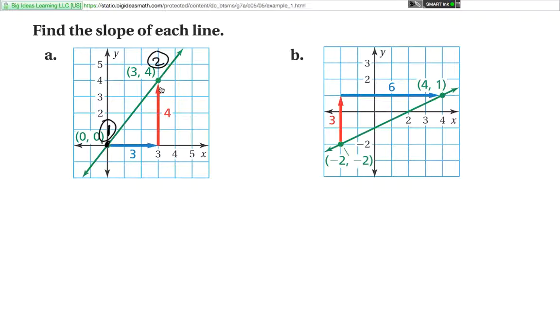So change in y, this is a delta, also known as change. Instead of writing it out, just write a delta sign. Change in y over the change in x. Well, the change in y in this example, the red one, is a total of 4 spaces, so that's 4 here. The change in x is 3, so it's 4 over 3. The answer is 4/3.